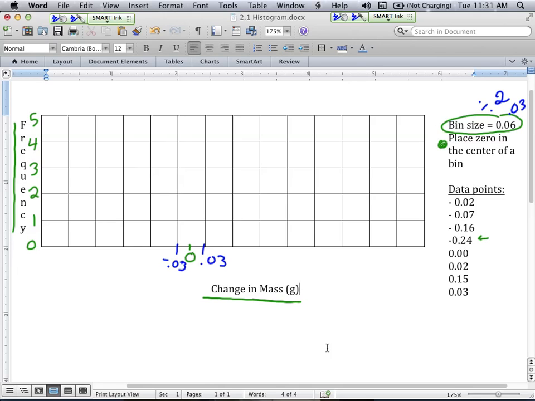Now I'm going to count up to label the rest of my bins. I count up by the bin size, which is 0.06. So my next one is going to be 0.03 plus 0.06, which equals 0.09, plus 0.06 is 0.15, plus 0.06 is 0.21.